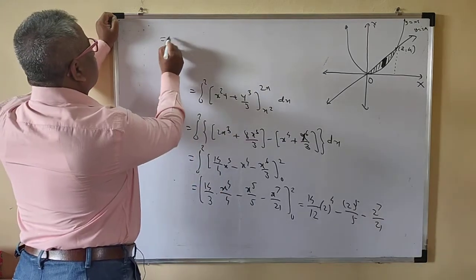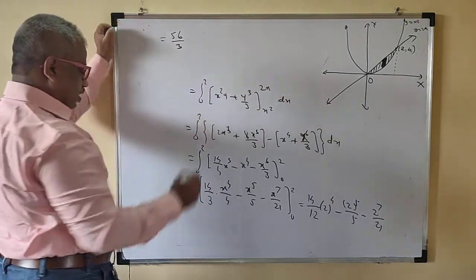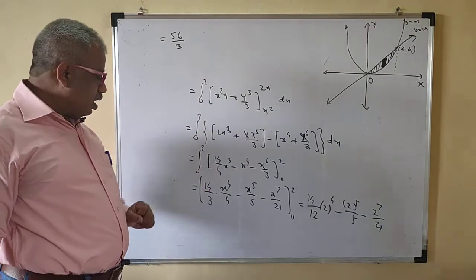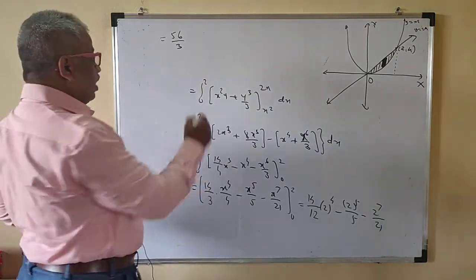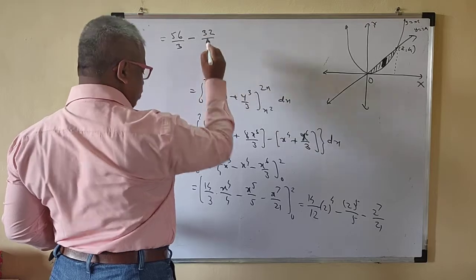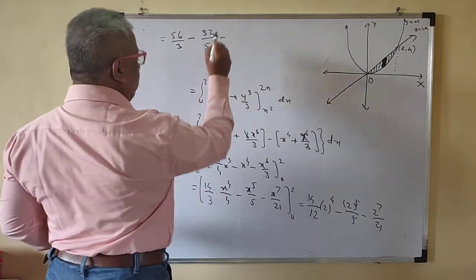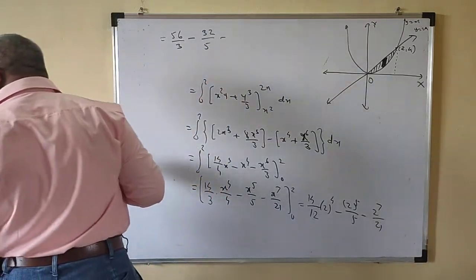So this is 56 by 3, minus 2 to the power 5 which is 32 upon 5, minus 2 to the power 7 which is 128 upon 21.